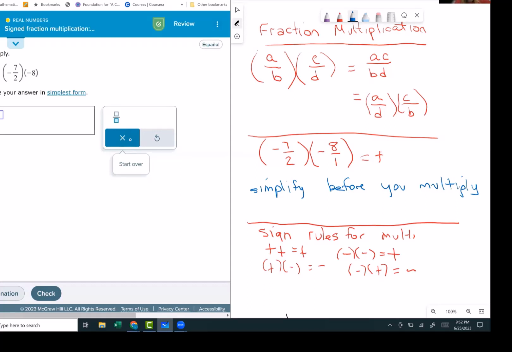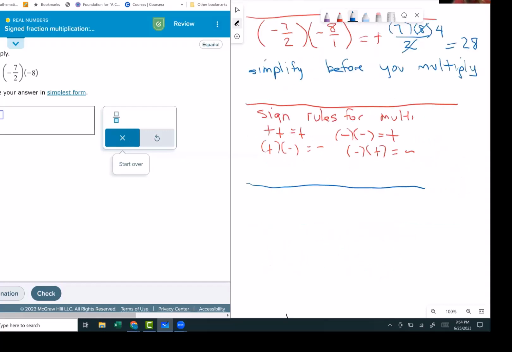For example, 7 times 8 over 2. I could write over 2 times 1, but it's really just 2. That works. And I can say 8 divided by 2 is 4. It's better to make them smaller first and then multiply.